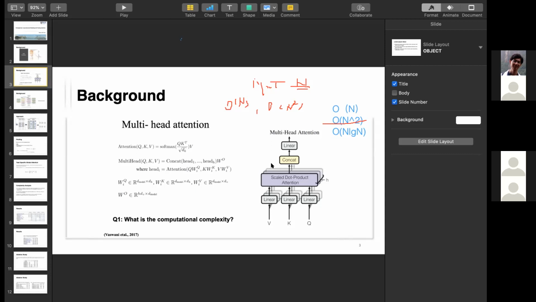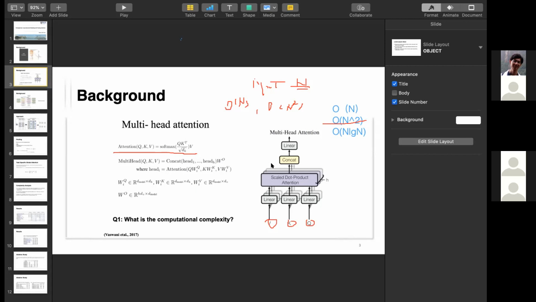I may have the same answer as you, but my explanation is that for each token we will have Q, K, V. Each Q needs to interact with the K of every token.